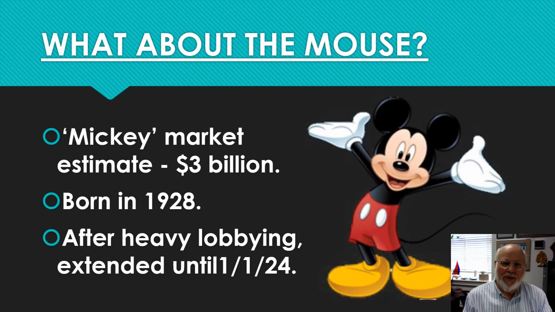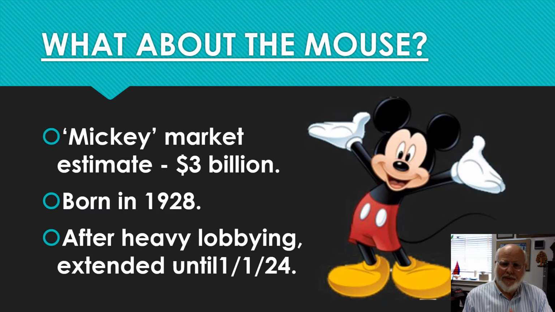The market estimate for Mickey Mouse and associated Mickey Mouse products is about $3 billion. Well, Walt Disney created Mickey Mouse in 1928, and Disney representatives lobbied very heavily and got extensions, and the law changed. And other people who owned valuable copyrights did too. They didn't want to see these things go into the public domain.